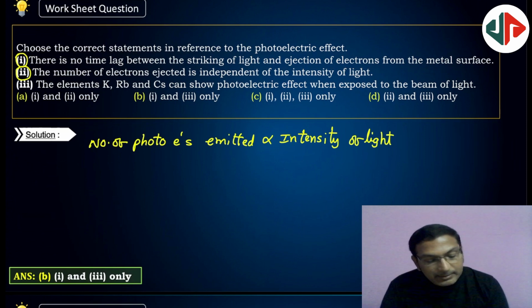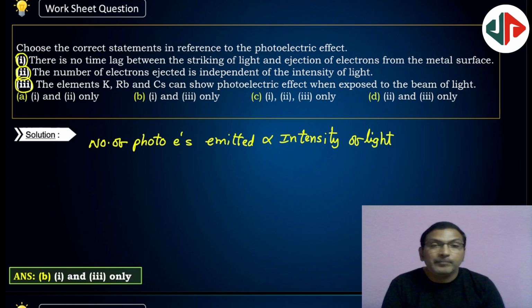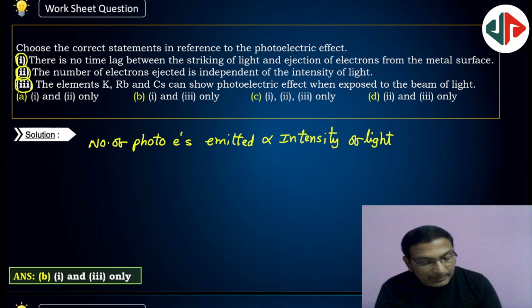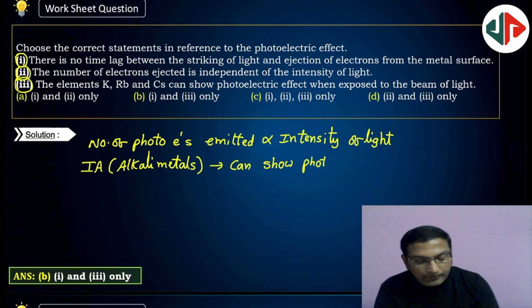Next, see third statement. The elements potassium, rubidium, cesium can show photoelectric effect when exposed to beam of light. So here we know alkali metals, that means first A group elements, alkali metals can show photoelectric effect.